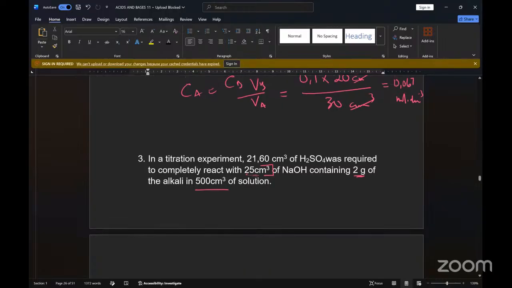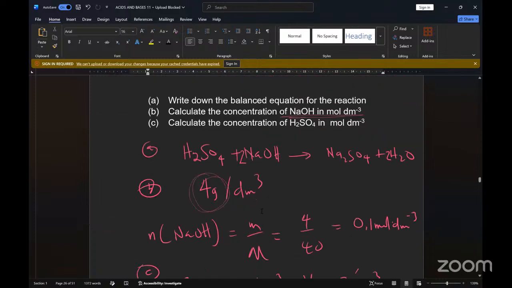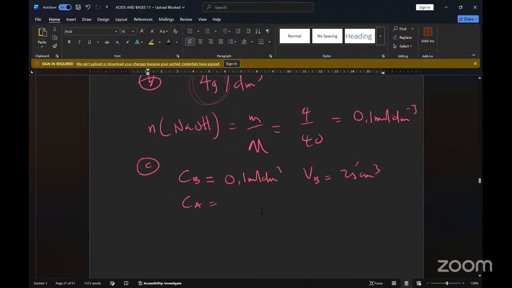Let me see something. Oh, one thing. No, that's what we are supposed to find. There is nothing wrong with that. So the concentration of the acid, we don't know. That is what we are supposed to find.